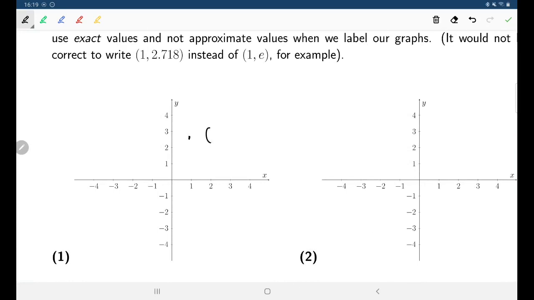You can use your calculator to figure out roughly where the point needs to be, but when I label it, I'll need to label it with exact values only. The y-intercept is the point 0, 1, and then I have the point -1, comma 1 over e. 1 over e, or e to the power of -1, that's about 0.367, so somewhere around there.